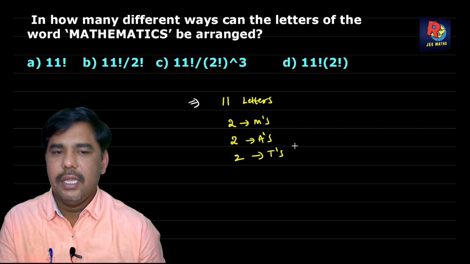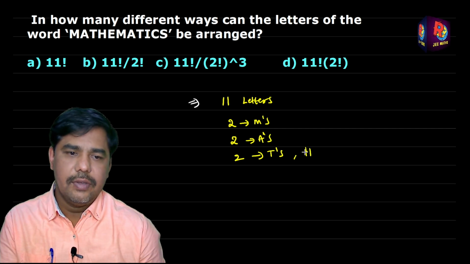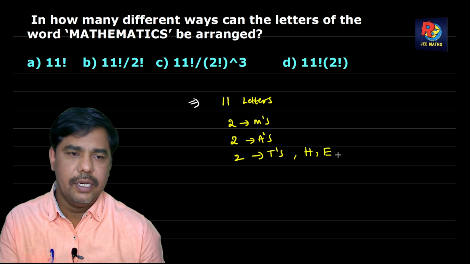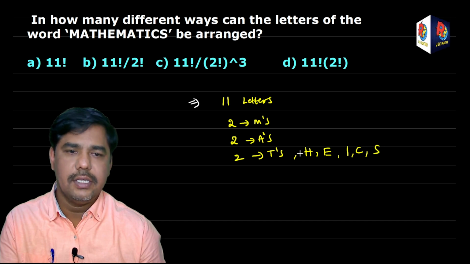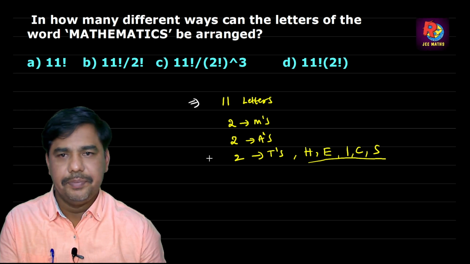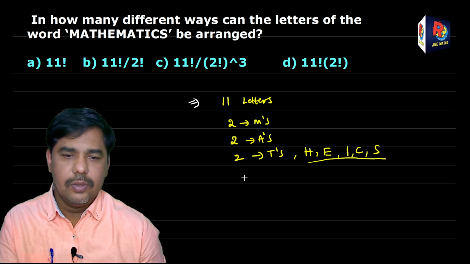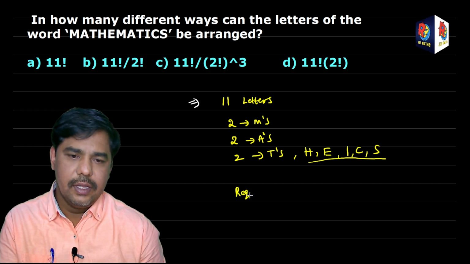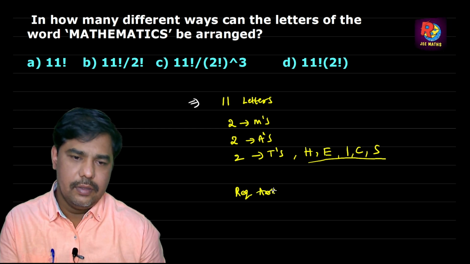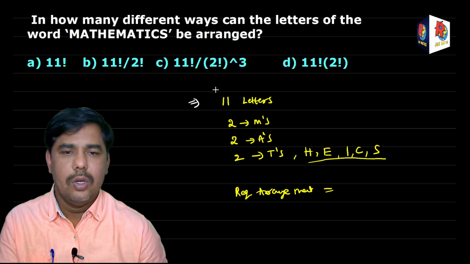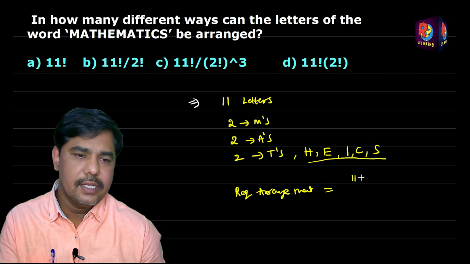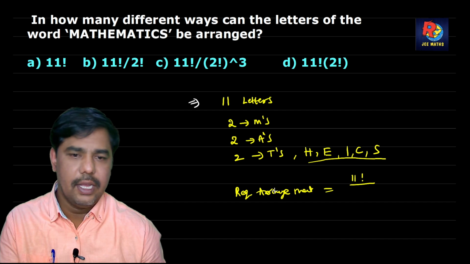After that, remaining letters you can observe: H is not repeated, E is not repeated, I is not repeated, C is not repeated, S is not repeated. So these are not repeated letters. So the required arrangement equals total how many letters are there? 11 letters are there. 11 factorial ways we can arrange.